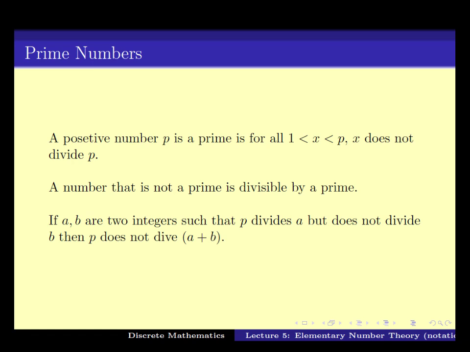Here is another observation. We have not proved it here, but I leave it to you to verify it. If a and b are 2 integers such that p divides a but does not divide b, then p does not divide a plus b.